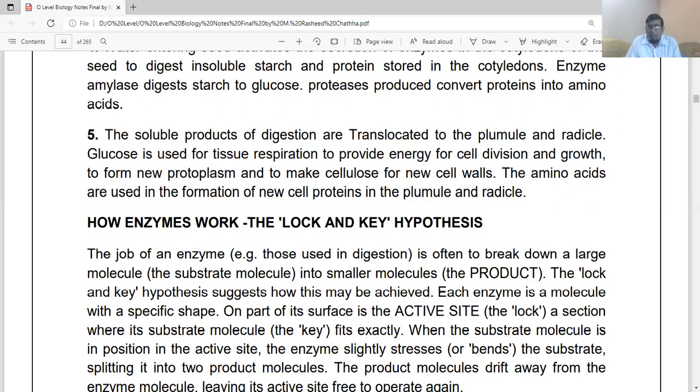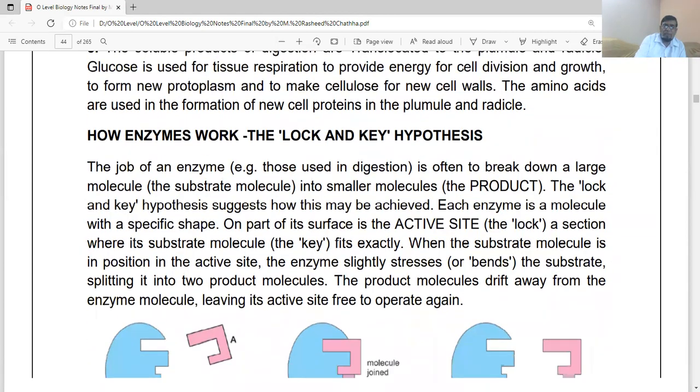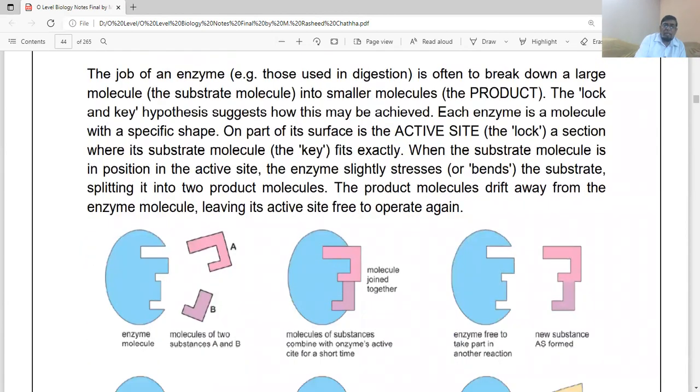Now, when the substrate molecule is in position in the active site, the enzyme slightly stresses or bends the substrate, splitting it into two product molecules. The product molecules drift away from the enzyme molecule, leaving its active site free to operate again. So we have already told you the enzymes can be used again and again.